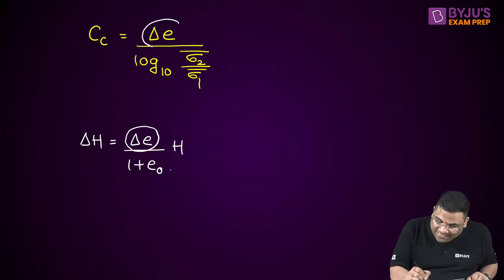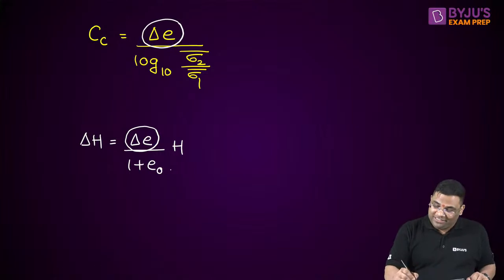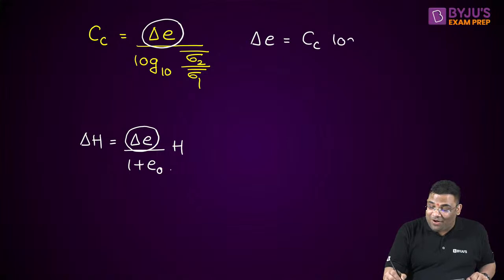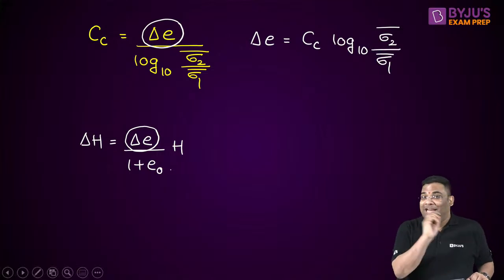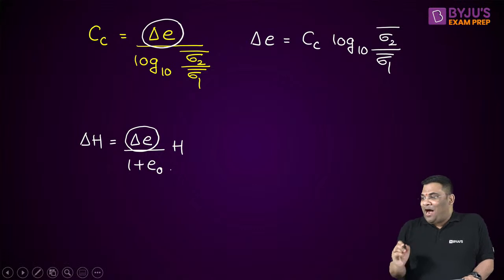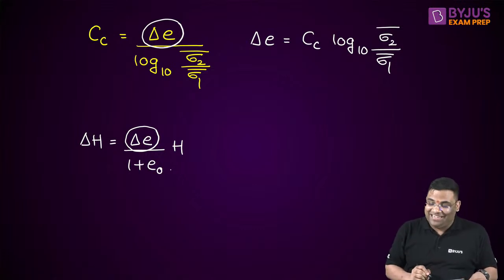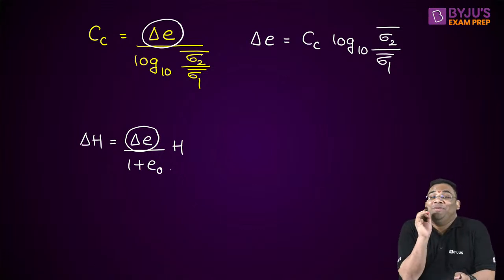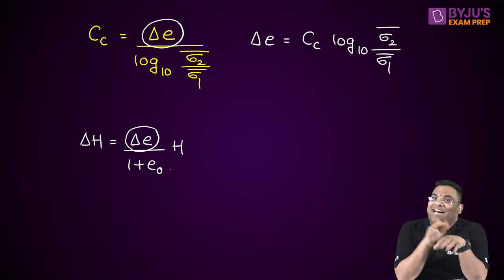We will use delta e from this equation: delta e is equal to Cc log 10 sigma 2 dash divided by sigma 1 dash. So clever, right? Engineers are clever people. They know how to use mathematics, and various things to get their answers done.